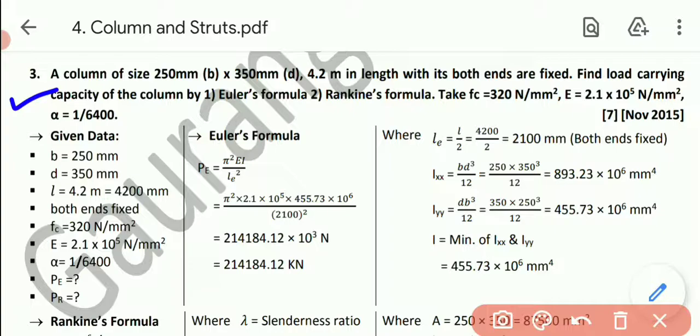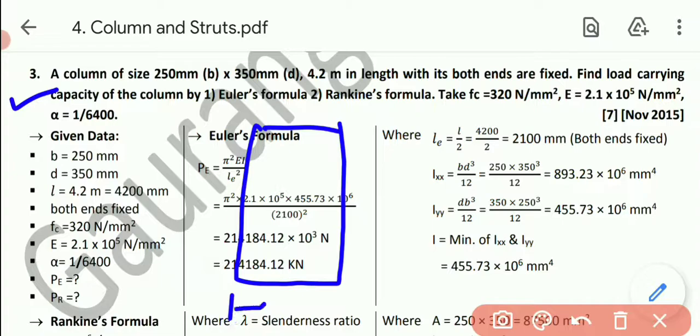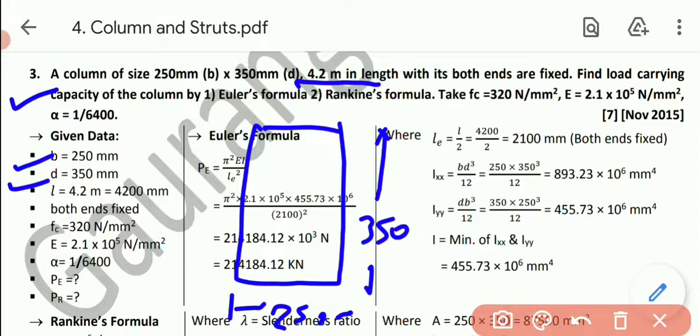A rectangle section is given to us once again, 250 by 350 mm. So B is 250, D is 350. A 4.2 meter length is given to us, let's convert it into mm, 4200, with both ends fixed. Again the condition is given to us, both ends are fixed.